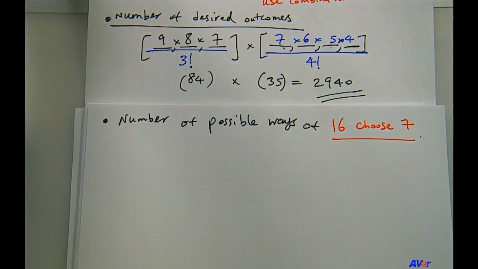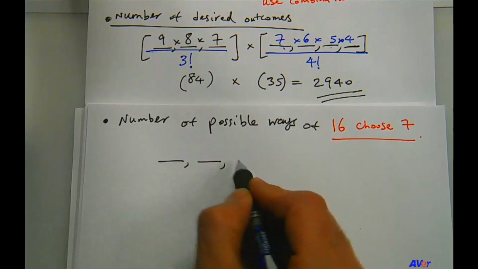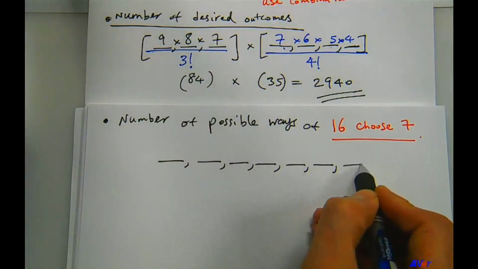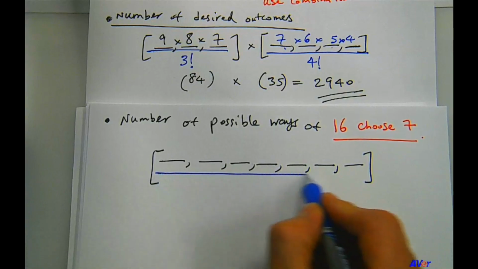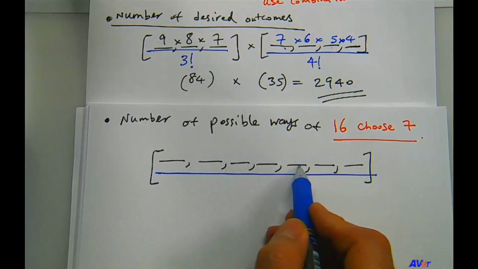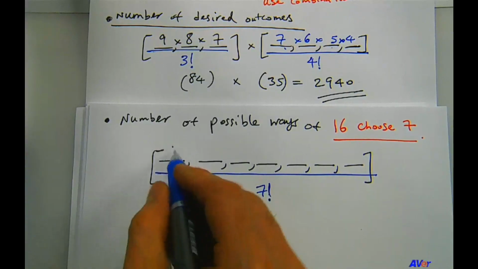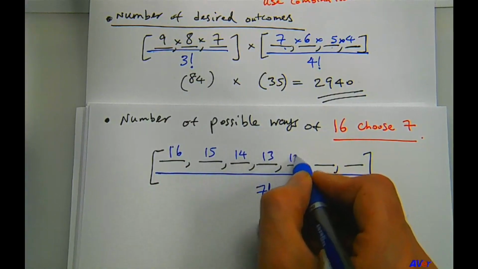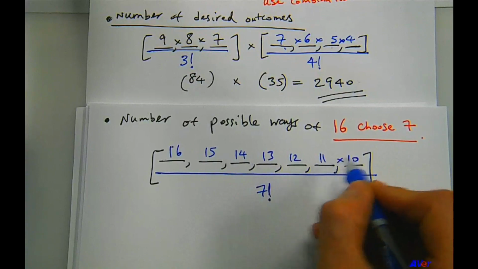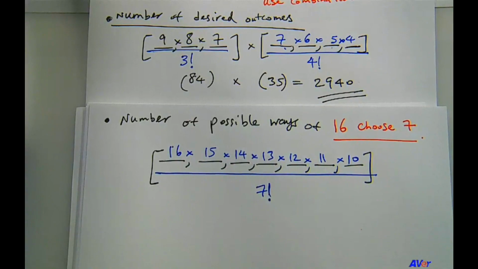Well, okay, so once again, we are filling in 7 spots, right? And order doesn't matter, so we divide this whole thing by the number of positions we're filling factorial, so divided by 7 factorial, right? So here we have 16, 15, 14, 13, 12, 11, and 10, like that.